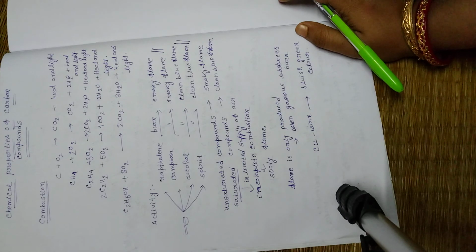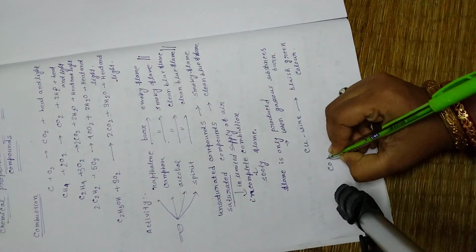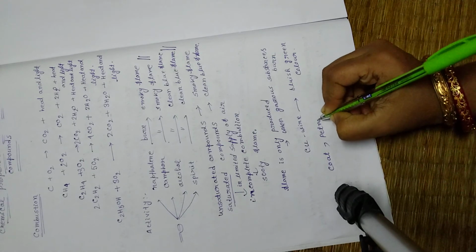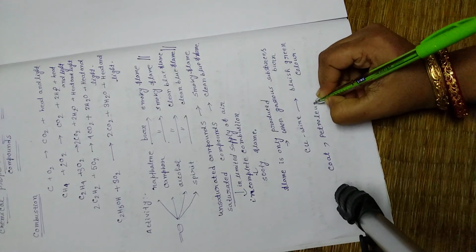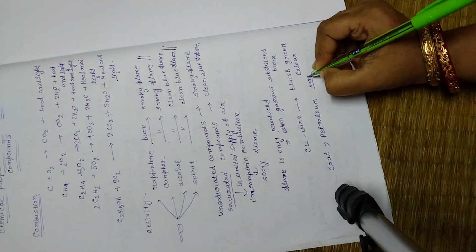element to element. Okay, and dear students, you must remember that in case of coal and petroleum, if we burn them, there are also nitrogen and sulfur type elements present in coal and petroleum.